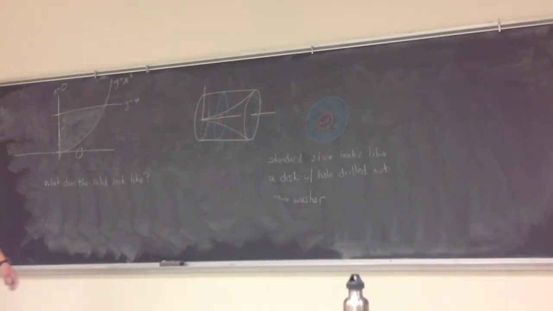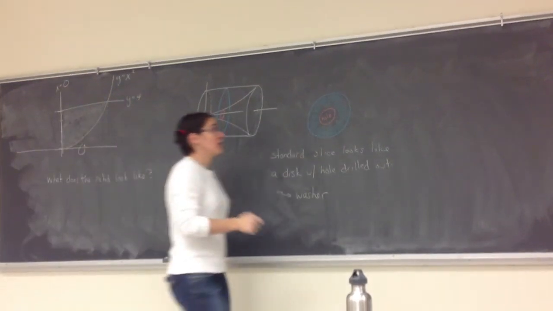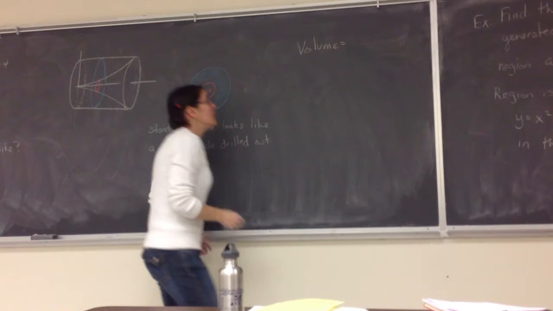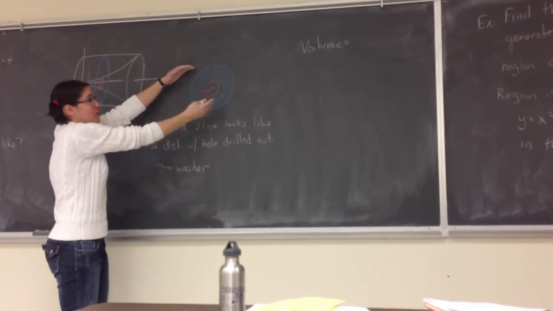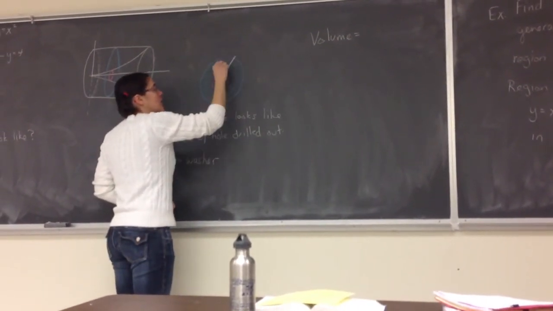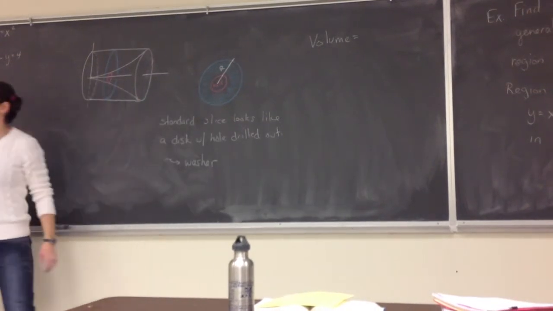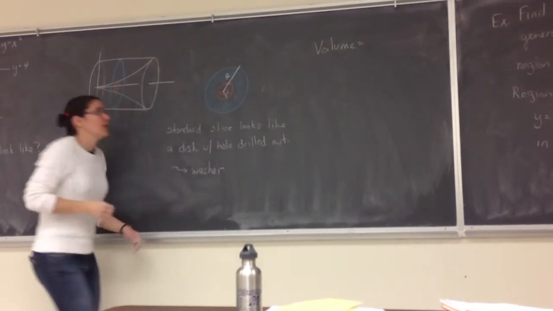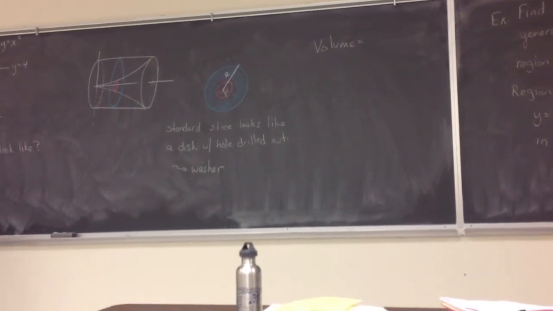And so if I want to think about the volume of one of these washers, it is going to be the volume of the large washer. So maybe I'll call this large one a radius of big R, and the radius of the small hole I'll call a radius of little r.